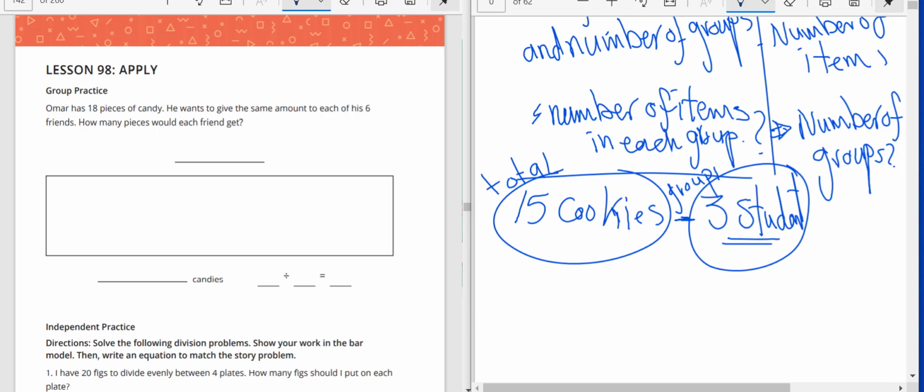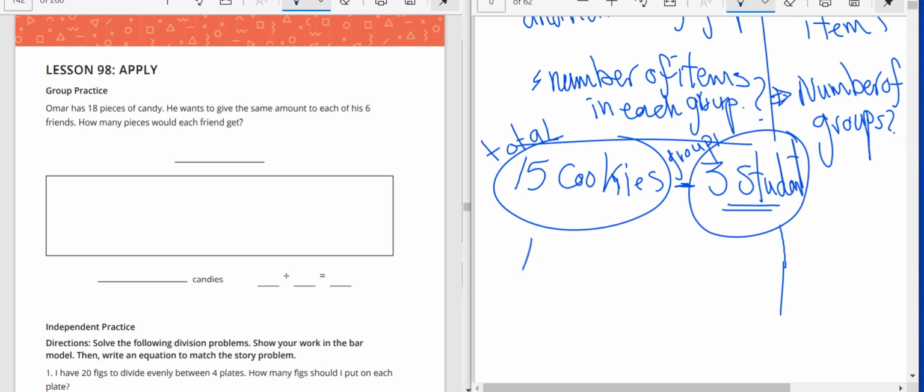We want to know how many cookies will each student get. So we divide the number of total cookies divided by the groups, 3 groups. 15 divided by 3 equals 5 cookies. So each friend or each student will get 5 cookies.